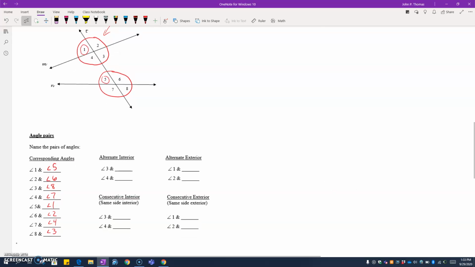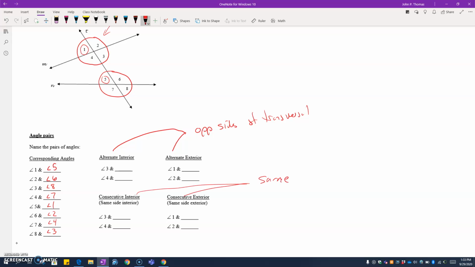Now, there are other classifications we're going to look at, and they basically break down into two big categories, which is alternate or consecutive. Alternate basically means opposite sides of the transversal, and consecutive means same side of the transversal.